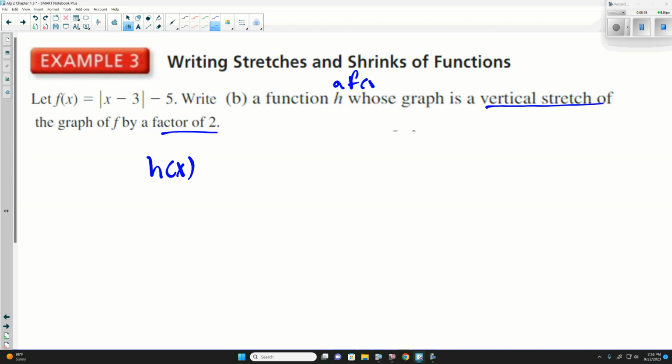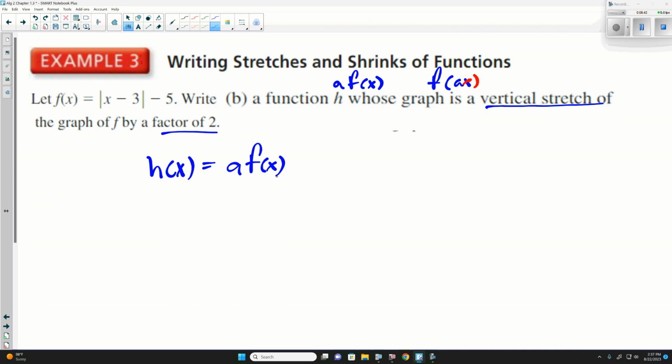We have a times f of x, or f of a times x. Will a be in front or inside the parentheses for this here? That's going to be out front because a times f of x is our vertical stretch or shrink. F of a times x is our horizontal.